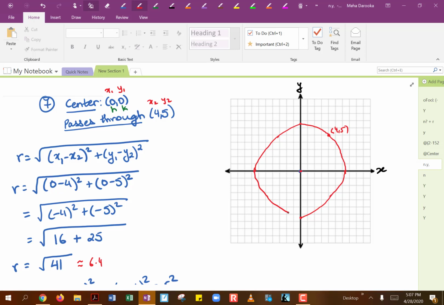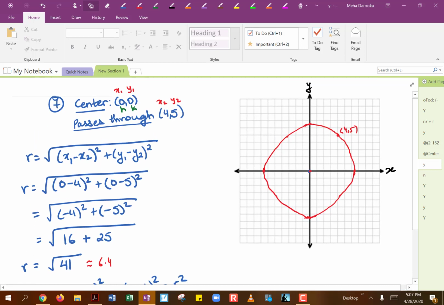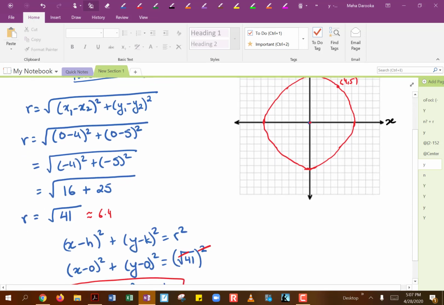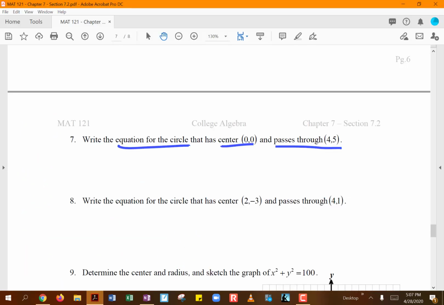There we go. And this is what your circle will end up looking like, just a little bit more smooth on these points. So center at 0, 0 passes through the point 4, 5. This is how you would come up with the equation of your circle.